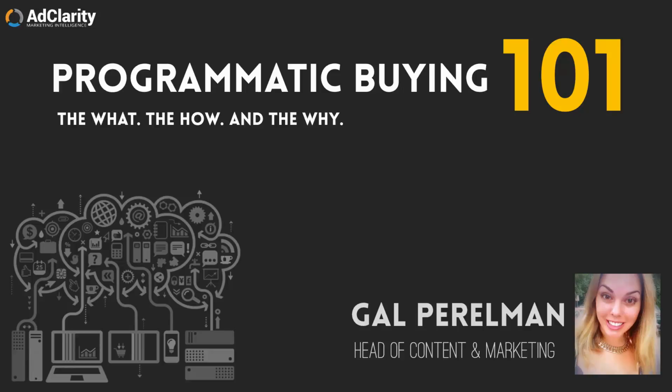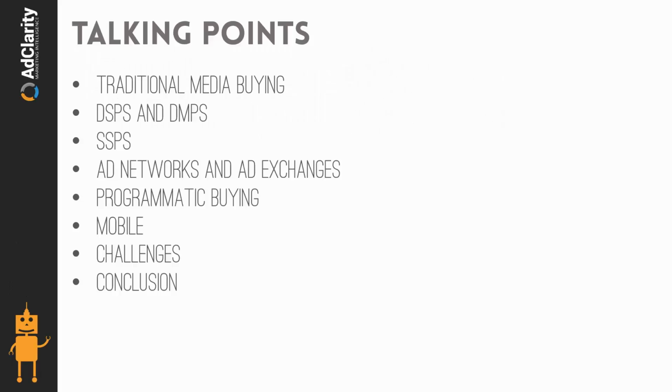Okay, so we have a lot to cover today, so I think we should begin. Today, I'm truly going to cover the programmatic ecosystem as a whole. We're going to begin by looking at the traditional ways of media buying and the transitions that had to be made in order for us to get to where we are today. Then we're going to cover DSPs, DMPs, SSPs, ad networks, and ad exchanges in depth, defining what each one is and what their role and functionality is in the whole realm of programmatic.